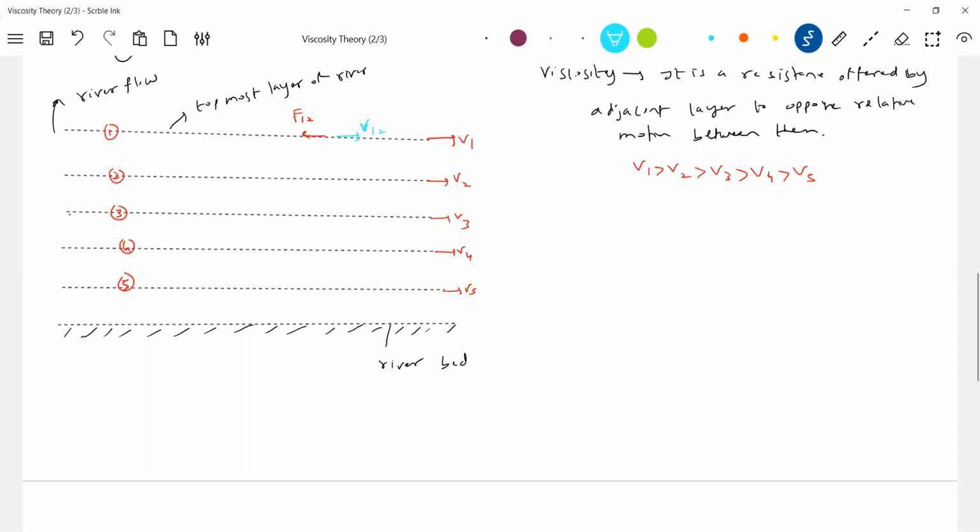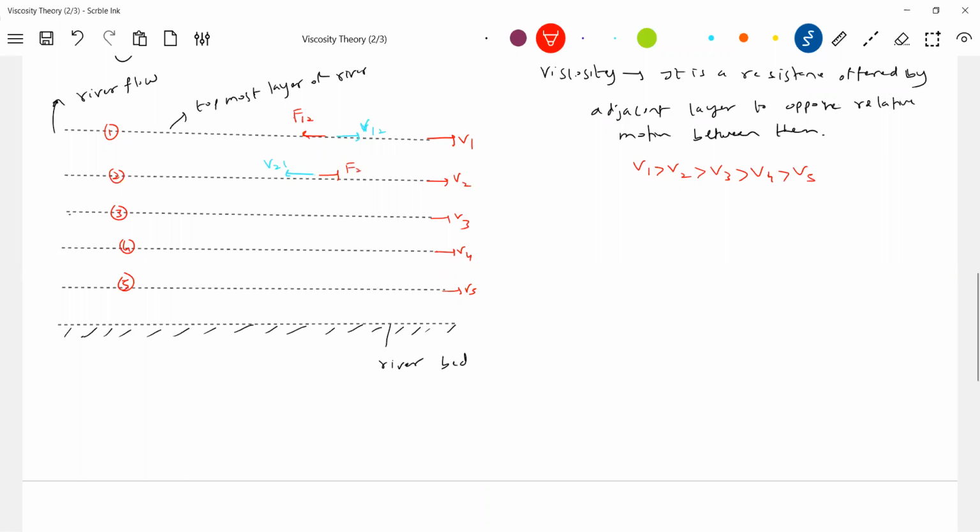Similarly, V21 will be in this direction, and F21 will be opposite to that.